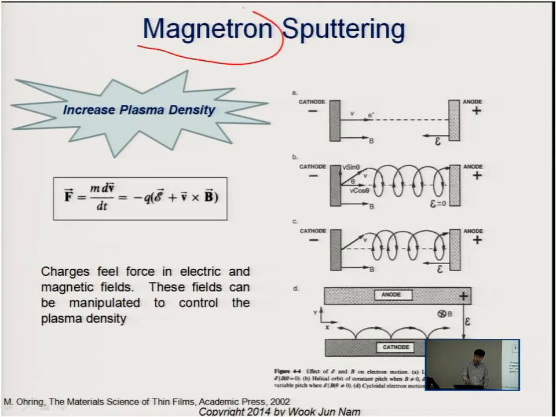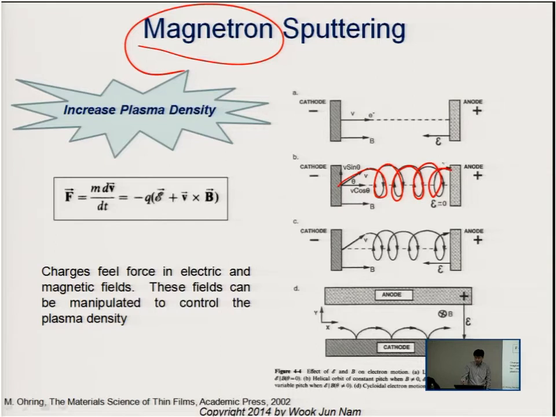People use a magnetic field, an electromagnetic field. The basic idea, as we discussed in the previous lecture on etching, is that people want to increase the travel distance of the electrons.